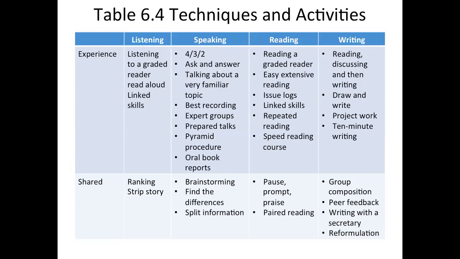Reading a graded reader. One of the weaknesses of our education system is the lack of availability of reading books that are suitable for different levels of proficiency in English. We call it a graded reader.